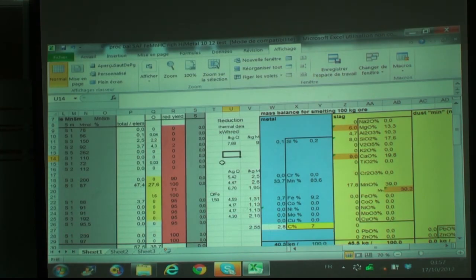For free? No, it's an expression to explain. When reducing MnO in the bottom layer, at the slag layer, you produce CO gas. If you have no material to be reduced on the top layer, the CO is lost.